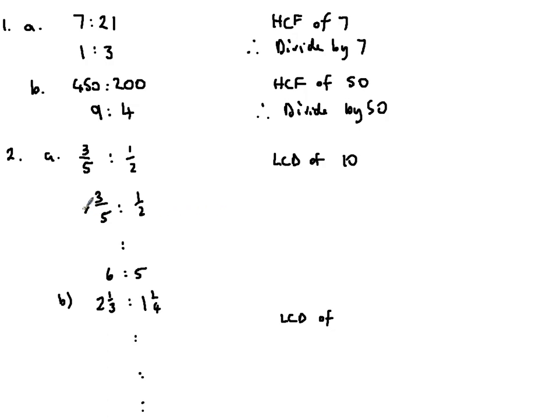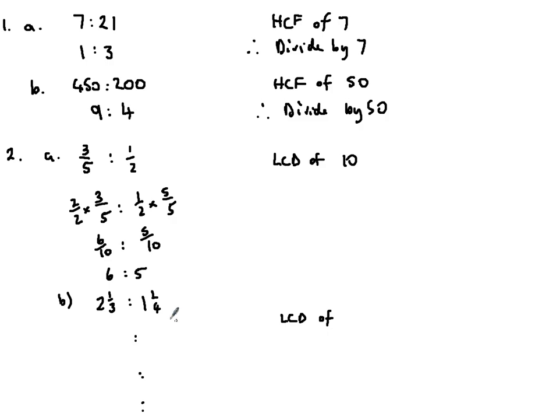We're going to multiply by 2 over 2. That will give me a denominator of 10. And 5 over 5. That will give me a denominator of 10, which will give me 6 over 10 and 5 over 10. Now if I multiply both sides by 10, I'll end up with 6 on the left-hand side and 5 on the right-hand side. And the 10s will cancel out.